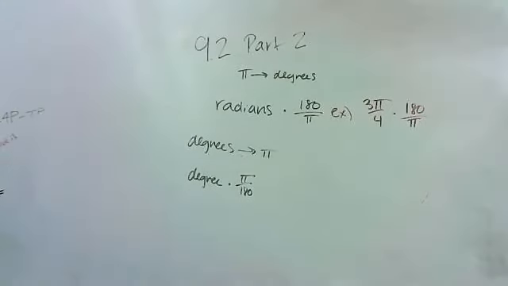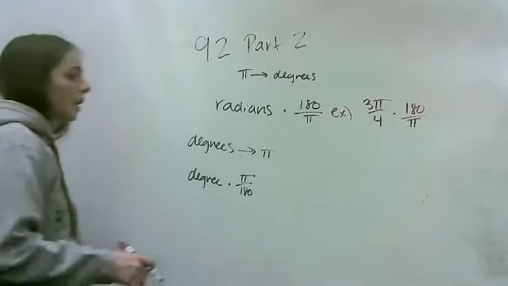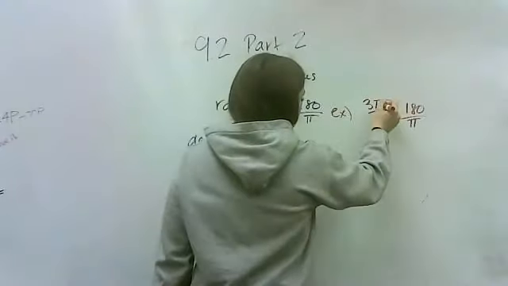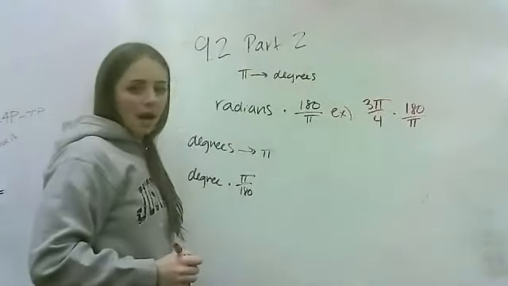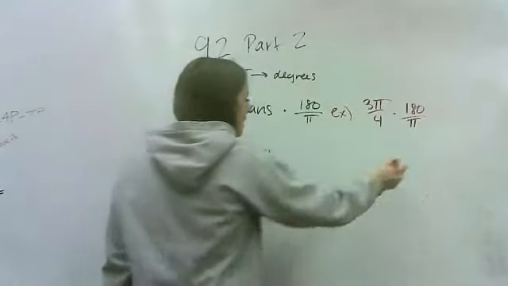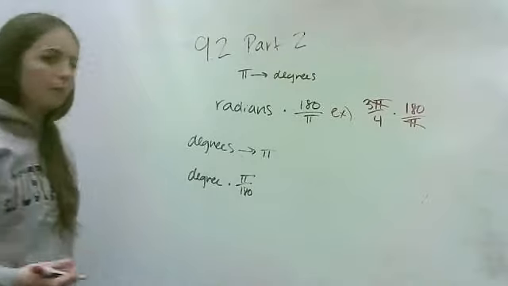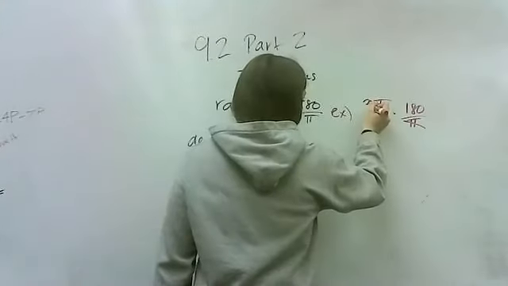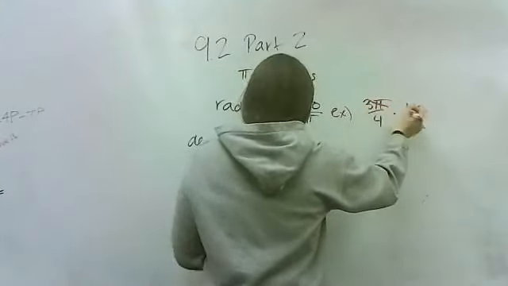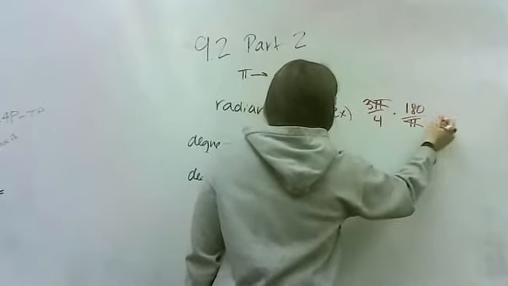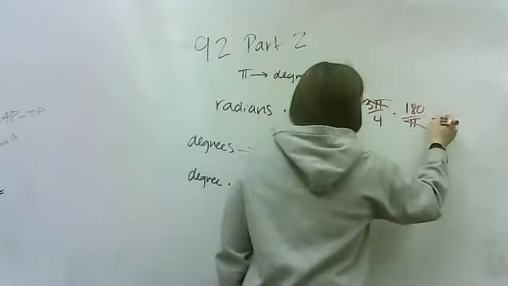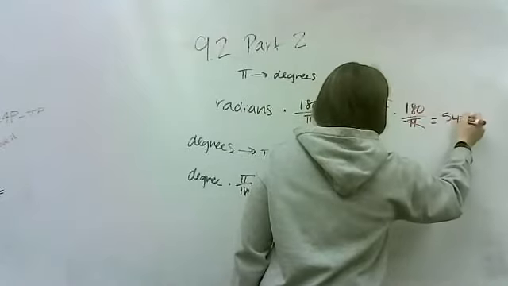One of the big things that's going to happen here is our pi's are going to cancel out. When you have something in the numerator and in the denominator that is the same, they can cancel out. So my pi's are canceling. Then I have 3 times 180, which is 540.